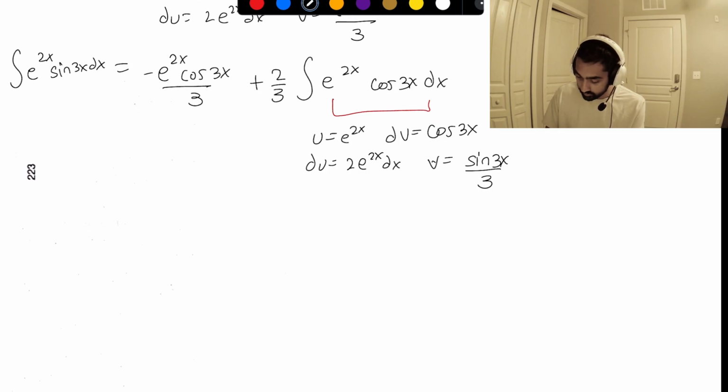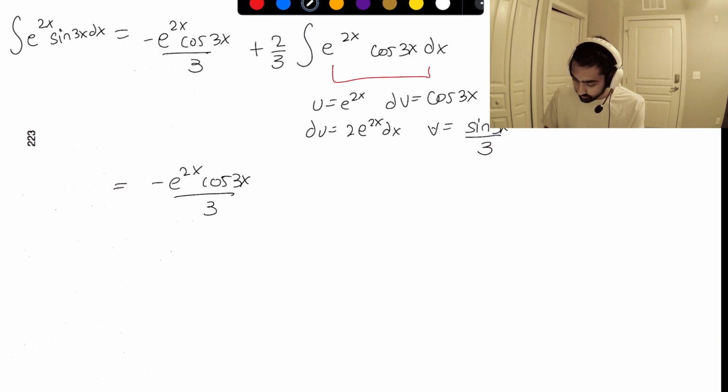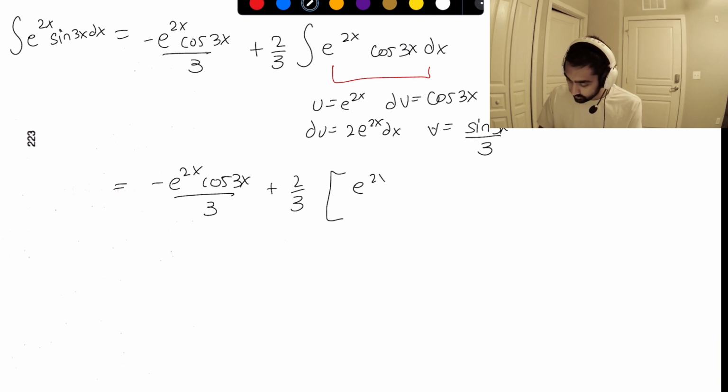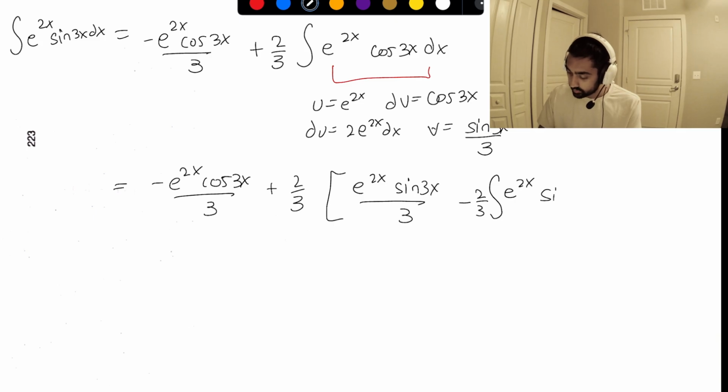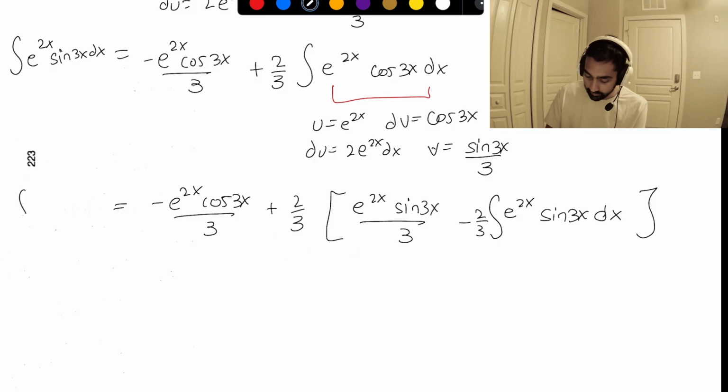Writing back everything, minus e to the 2x cosine 3x over 3 plus 2 over 3 times uv, which is e to the 2x sine 3x over 3, minus the integral of v du, which is now minus 2 over 3 times the integral of e to the 2x sine 3x dx. And the left-hand side, I'm just going to copy it back, is equal to the integral of e to the 2x sine 3x dx.